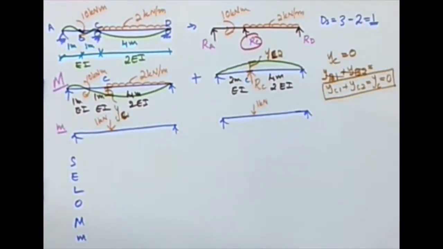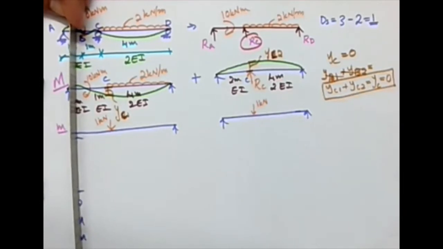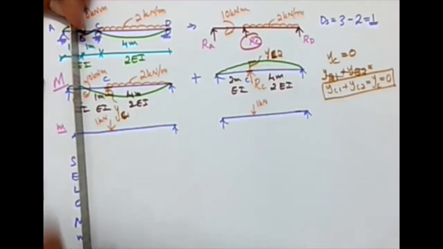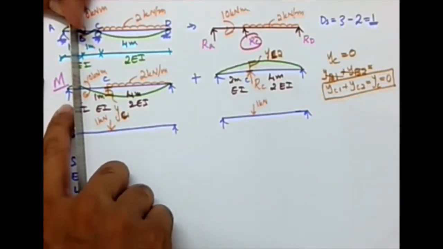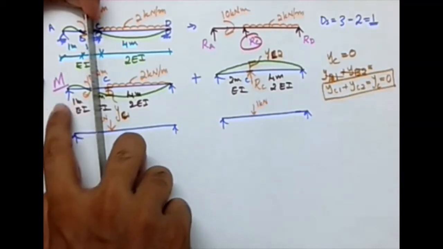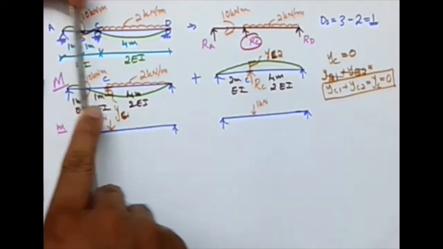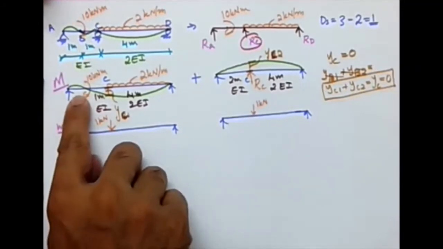So when you look here, say if I'm taking a section here, on the left side I will be getting an expression for M where there will be just one reaction. But if I'm considering a section here, there are two reactions, so these should be separated. Here I should have one section, here I should have one section, so this is segment 1, this is segment 2.